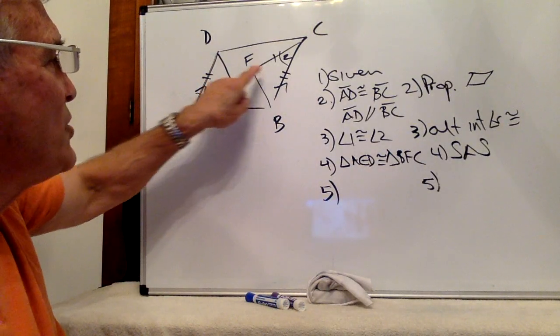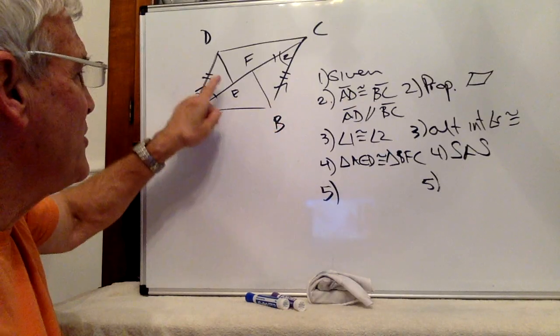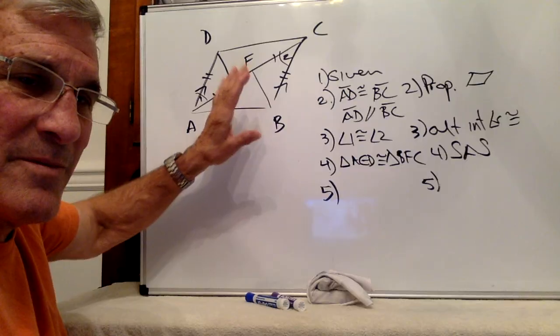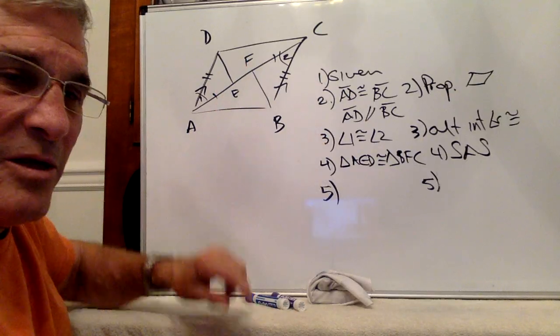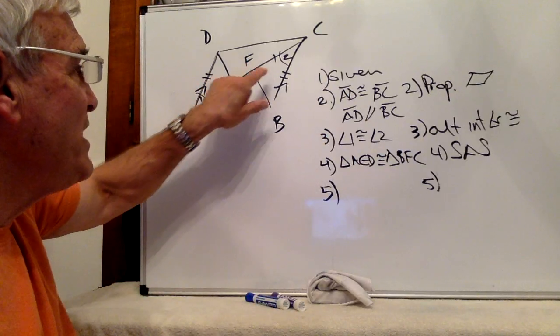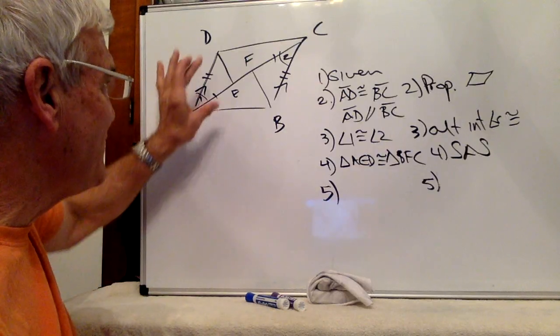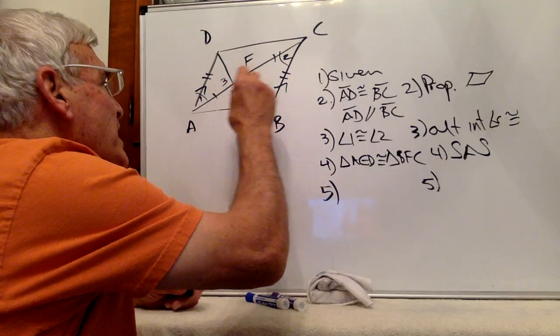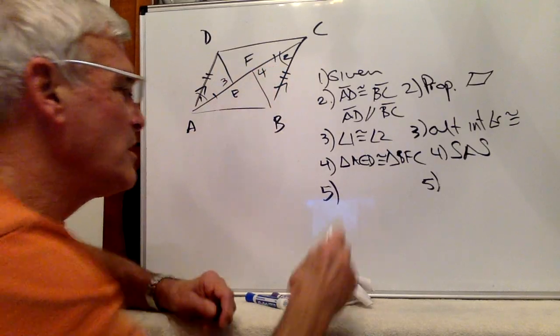You're going to, again, do exactly the same thing we just did. You're going to prove these two little triangles congruent or the two big ones congruent. It doesn't matter. But since we've got the little ones here, let's leave it. So once we get these two little triangles congruent, instead of saying that's congruent to that, I am going to say angle 3 and angle 4 are congruent.